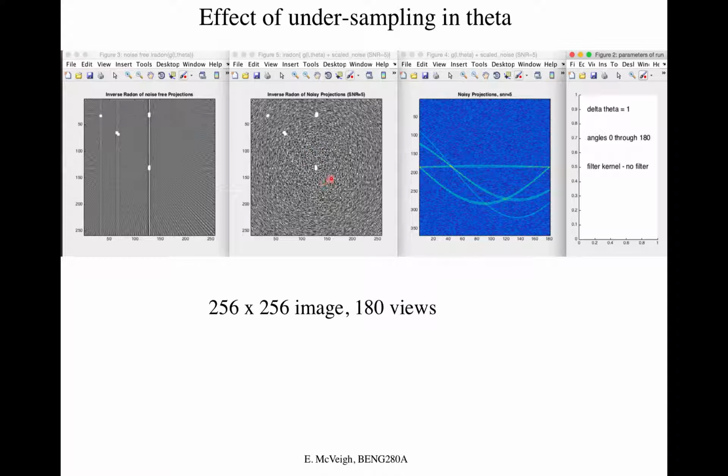So there's something going on here about image quality in the middle versus image quality on the outside. And this is essentially determined by our sampling rate in theta. What's being determined is the field of view within which we are adequately sampled to make this picture.